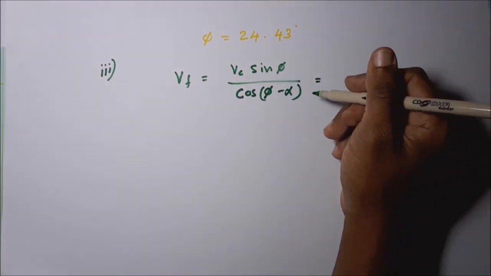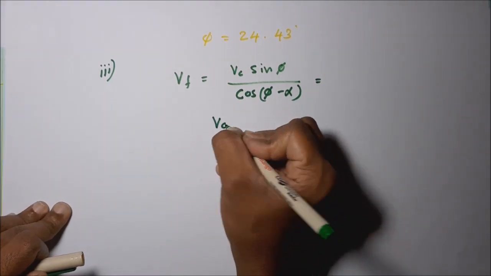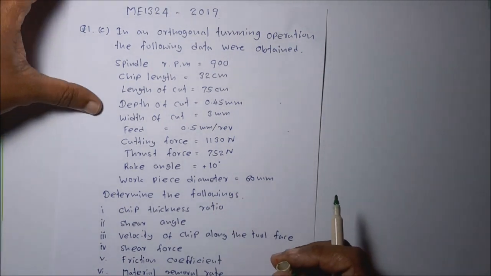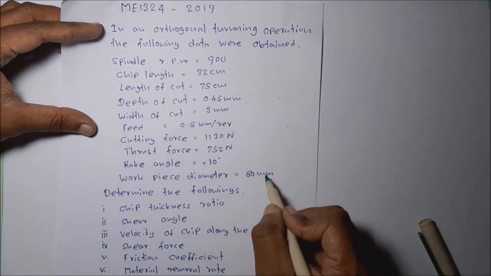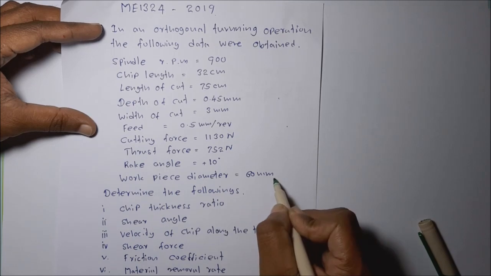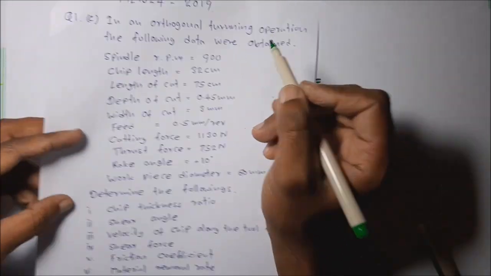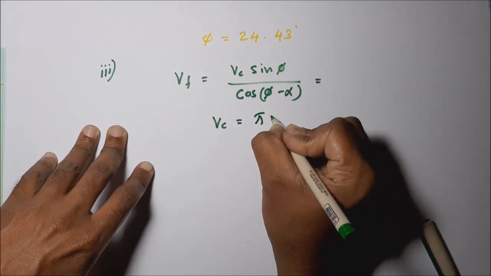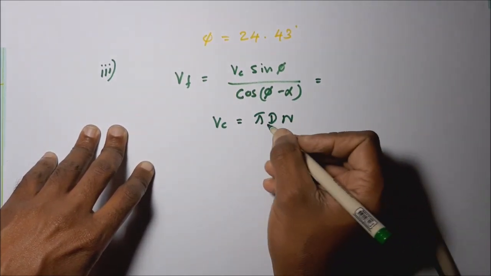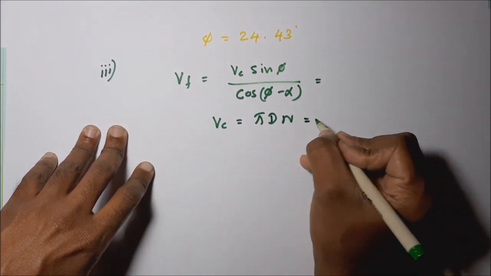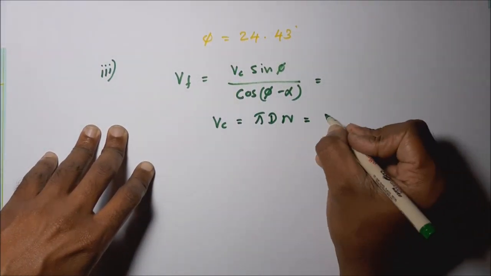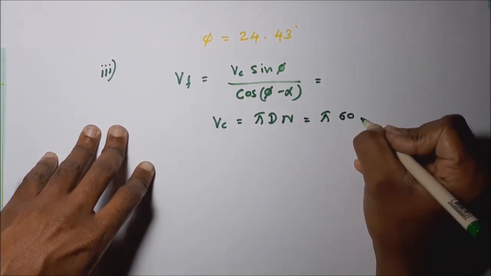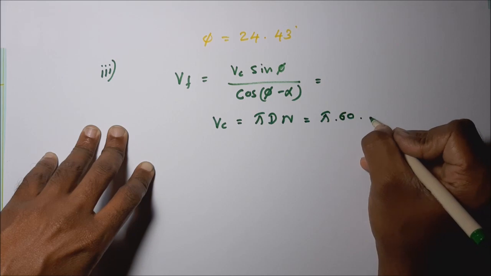Okay, then the problem is Vc is unknown. How to calculate the Vc? Here two data are given to calculate the Vc. The workpiece diameter is given, spindle RPM is also given. Then Vc is equal to pi D N. In the first lecture we discussed this calculation. What is D? Workpiece diameter in millimeters, into N, RPM 900.